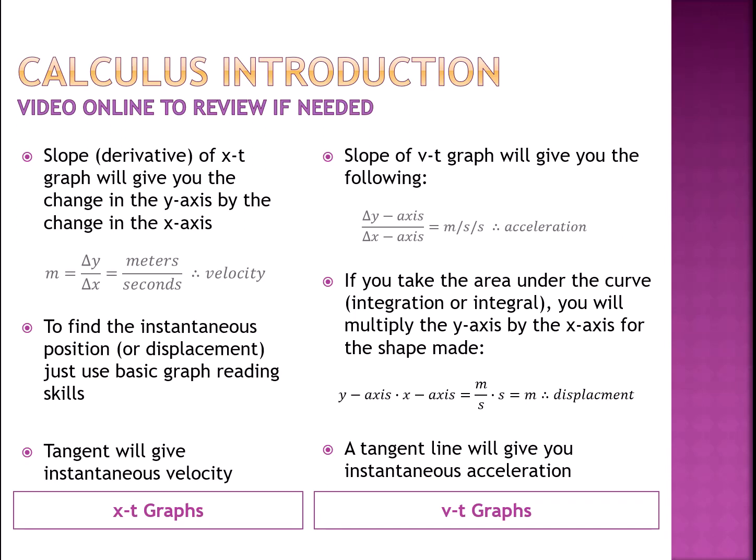And I will emphasize average. Calculating the slope will always give you the average between the 2 points in time on the graph that you chose. If you want instantaneous, that's where you have to do a tangent line. And then you still calculate the slope.